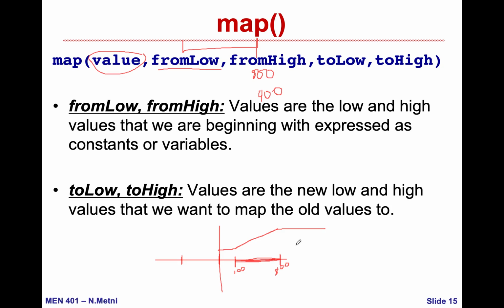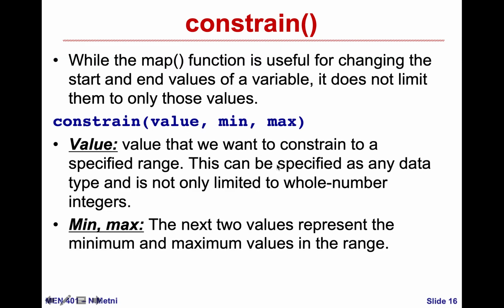So constrain is used a lot before map in order to decrease the number of errors and bugs inside the map. In this case, I will say constrain the value between 100 and 800. If the value is between 100 and 800, my output will be this value. If the value is 900, my output will be the maximum, which is 800. And if the value is 50, the output will be the minimum, which is 100.